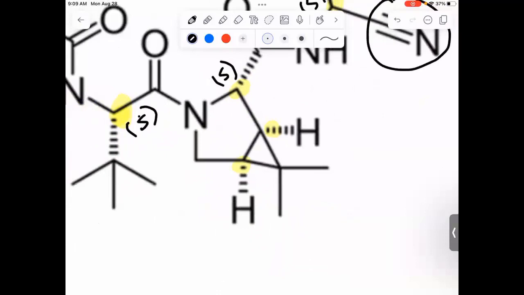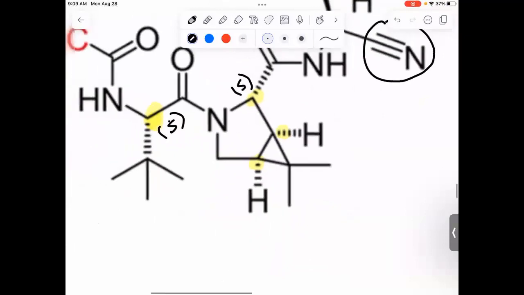So let's do this stereocenter right here, right? We know that the hydrogen is going to be 4, lowest priority, right? If this is my chiral center here, where are my groups? Is this a group attached?